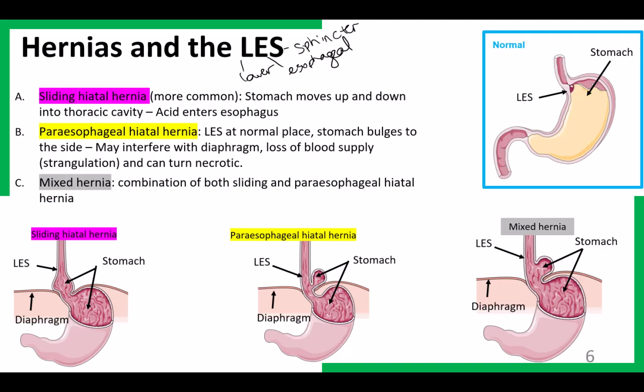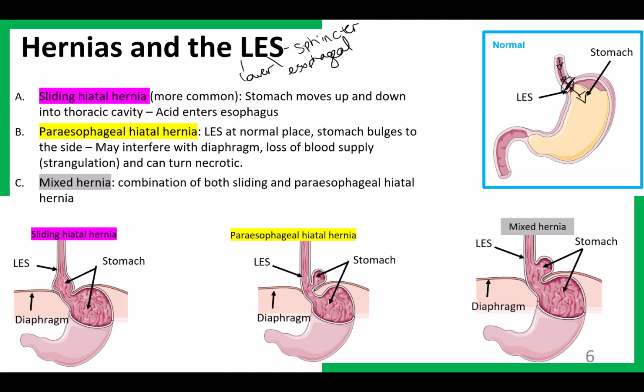So in this diagram over here, the LES, the lower esophageal sphincter, basically is a circular muscle that is closed most of the time, with the exception of when a bolus of food progresses down from the distal esophagus into the stomach. And so if peristalsis moves this bolus of food into the stomach, then the lower esophageal sphincter opens briefly to allow food to go here.